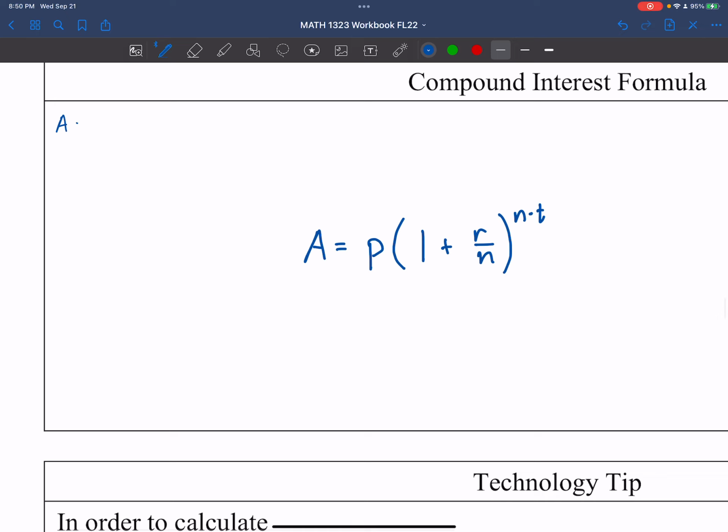So A is the accumulated amount, and the accumulated amount is going to include both the principal and the interest. Notice there's no interest in this formula, so it's a little bit different than the previous one. P is still the principal. R is the annual rate as a decimal.